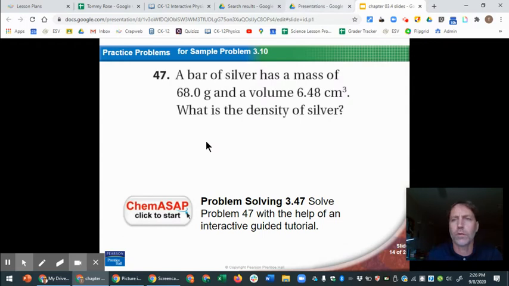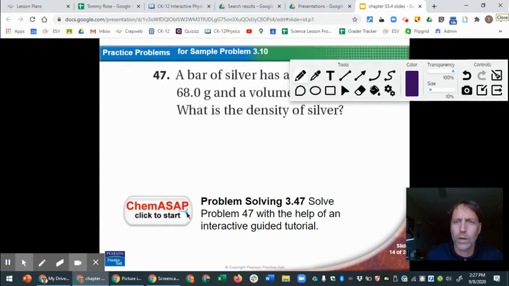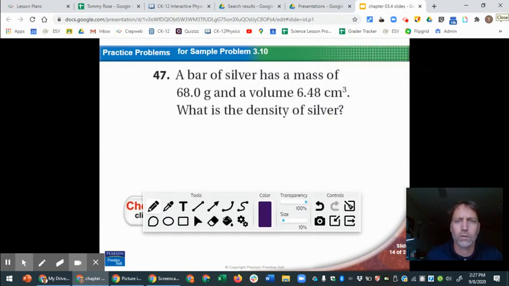All right, so let's try this one. A bar of silver has a mass of 68 grams and a volume of 6.48 cubic centimeters.